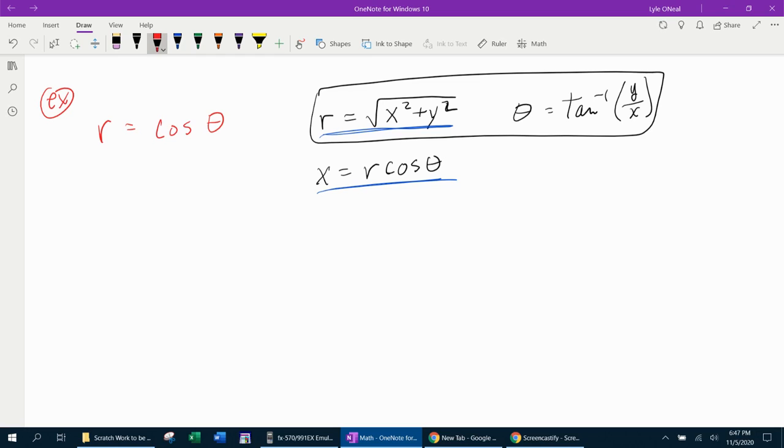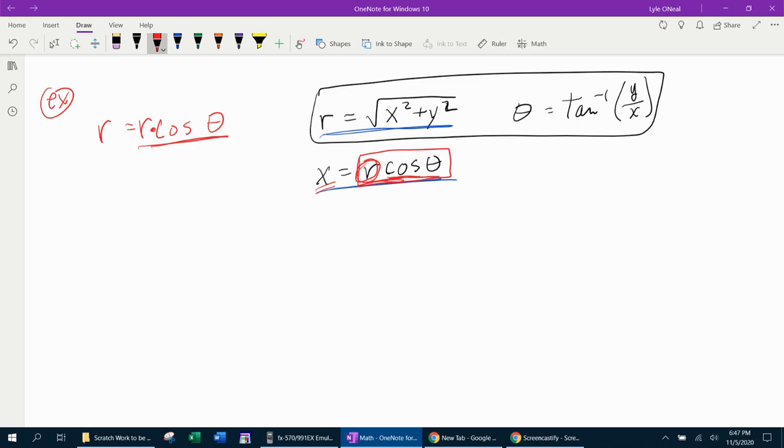Now, notice that this equation only has cosine theta. It's missing the r that we would need to replace that with x. So what I'm going to do is multiply this side by r so that that becomes r cosine theta.